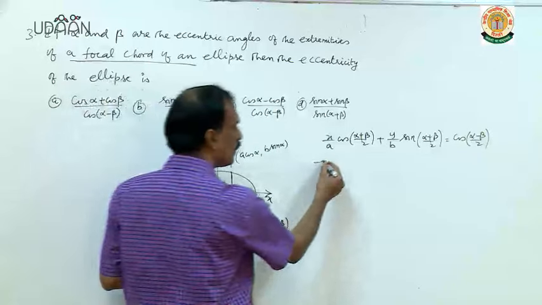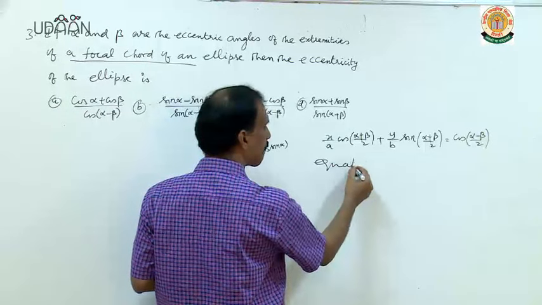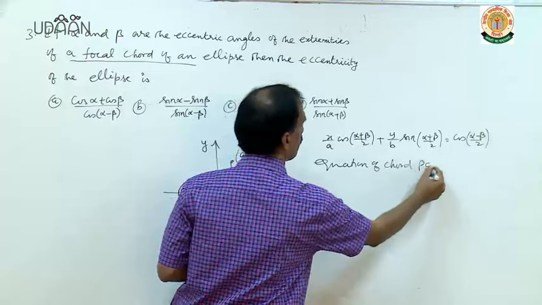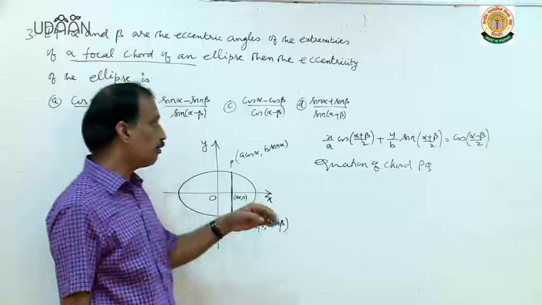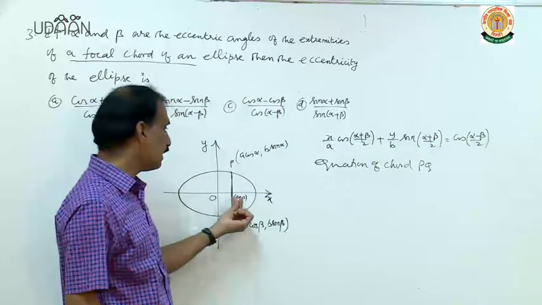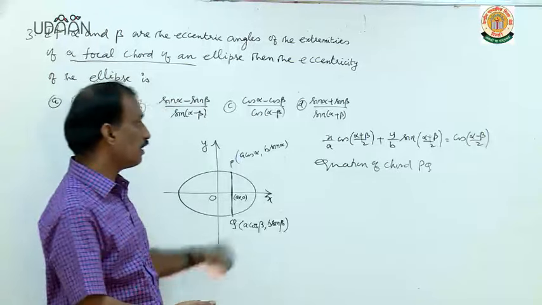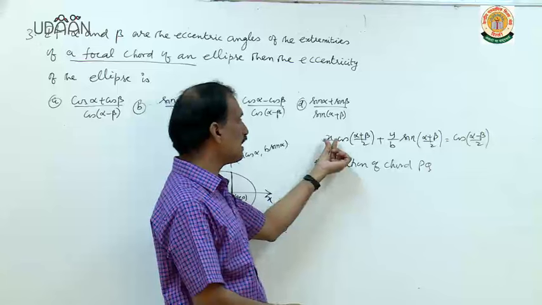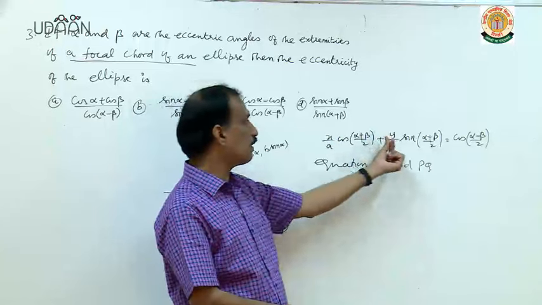So we got the equation of chord PQ. Now we know that this is passing through the point (ae, 0). If it is passing through (ae, 0), then replace x with ae and y with 0.